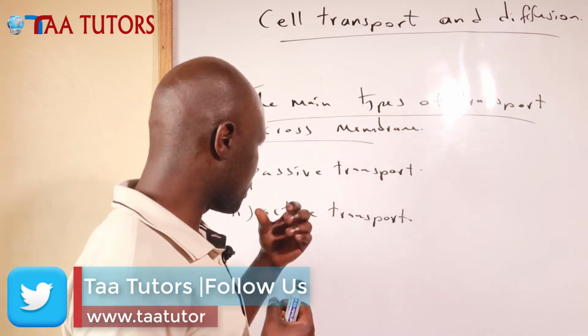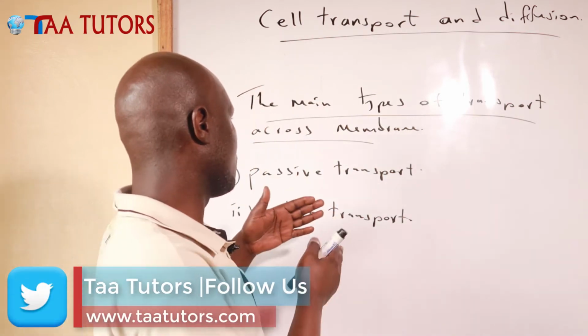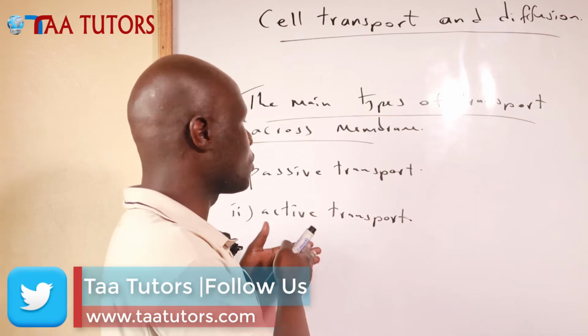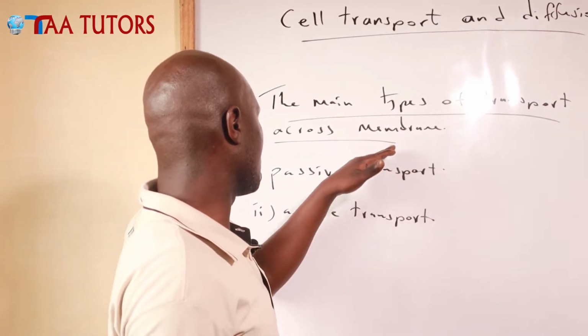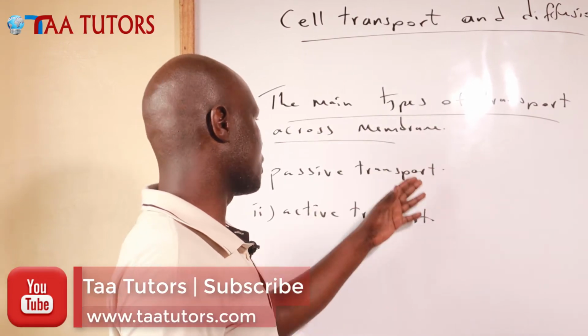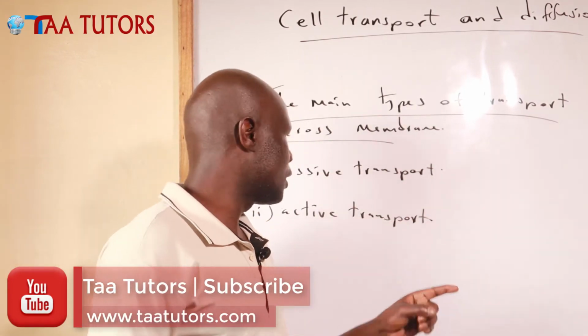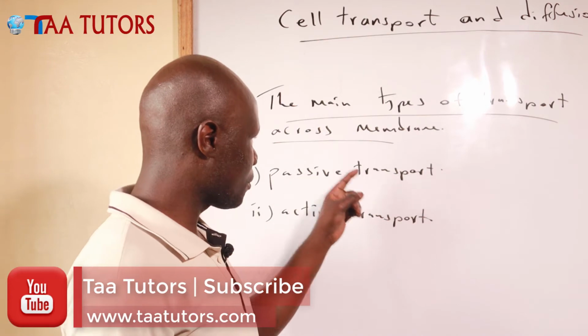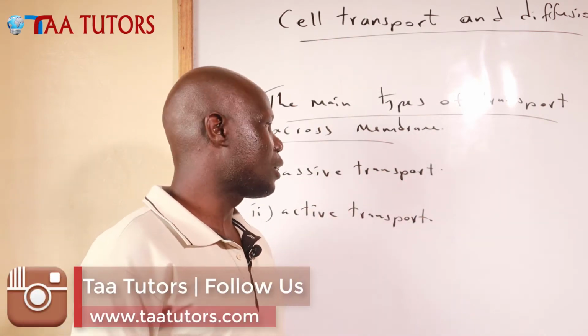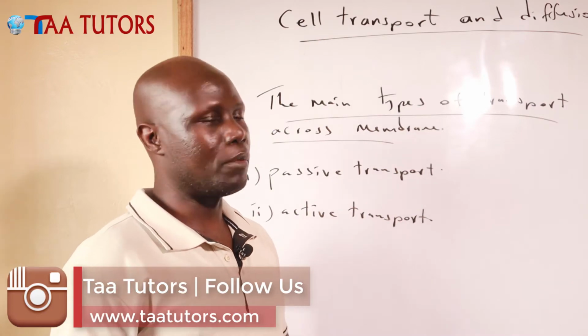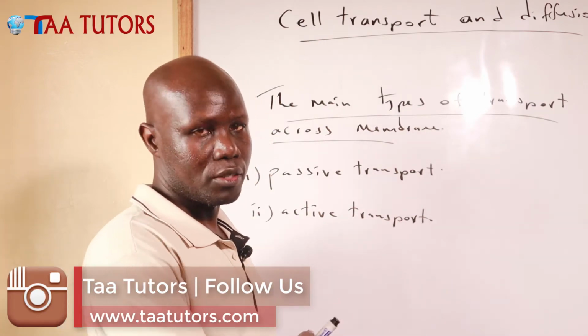We also have pressure and electrochemical forces that help in the movement of molecules across. So that is under passive transport. The main idea is that it is called passive because it does not rely on energy from cellular respiration, but gets its energy from the molecules themselves.